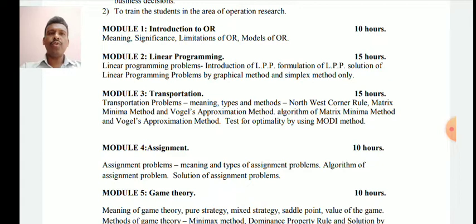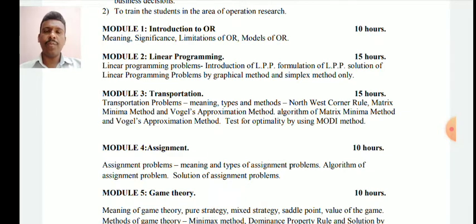In introduction to operations research, we are going to study the meaning of operations research, the importance, that is the significance of operations research, the limitations of operations research, and the various models that are there in operations research. We are not going to study all the modules in detail.